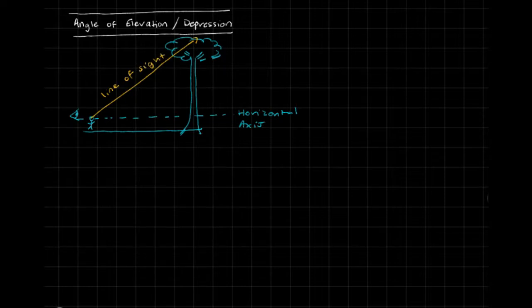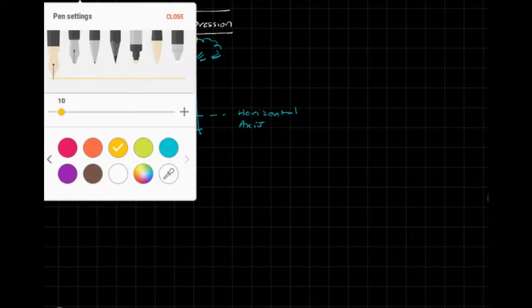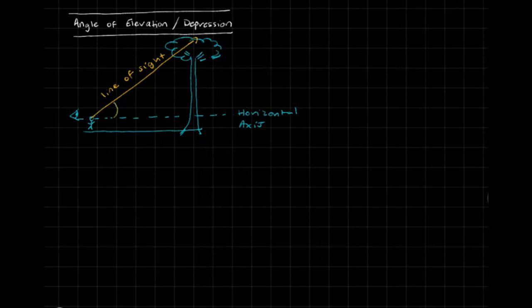Okay, and the angle that is made between the horizontal axis and the line of sight, this angle here, is called the angle of elevation. I'm going to call it theta sub e. So this is the angle of elevation.